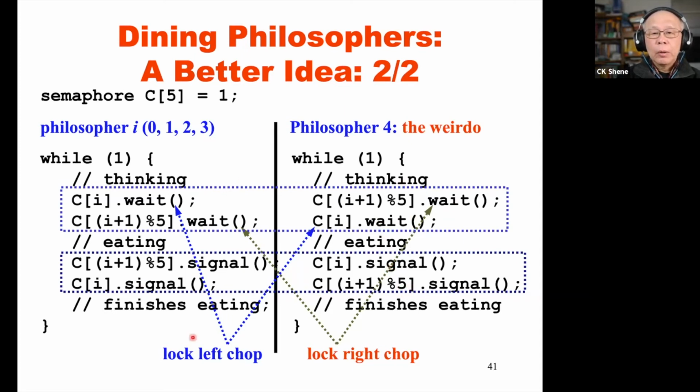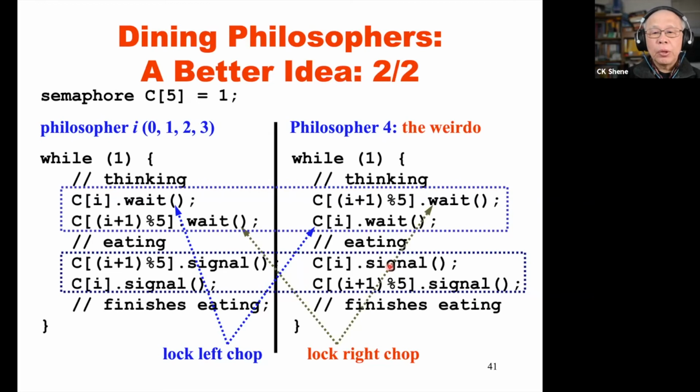So we have to write 2 thread functions, one for the normal philosophers and the other for the weirdo. It's very easy to understand. We just switched the order of wait and also switched the order of signal.